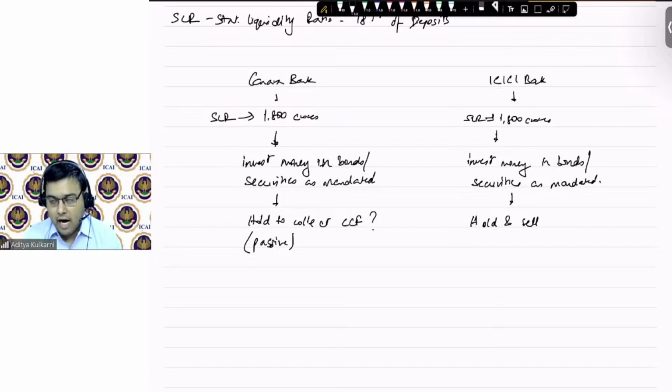Are you only interested in collecting the contractual cash flows, or are you interested in selling the investments as and when a better price is received? And if you don't get a better price, you will continue to hold. What do you think? Is it only held to collect contractual cash flows, or is it hold and sell?